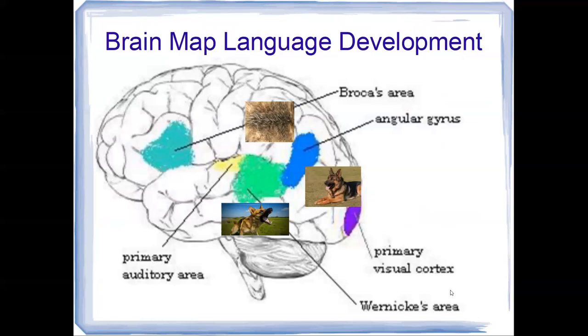What I believe that it is personally is this sensory motor pattern plays a role in language development. It's the very first step. It's much like nonverbal communication development. It starts with basic patterns and schemes. As you can see here, I have fur from a dog, an image of a dog, and a dog barking.